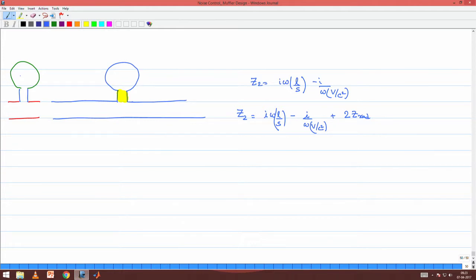However, you will recall that we have given two expressions for radiation impedances, one for a flanged pipe and the other for an unflanged pipe.